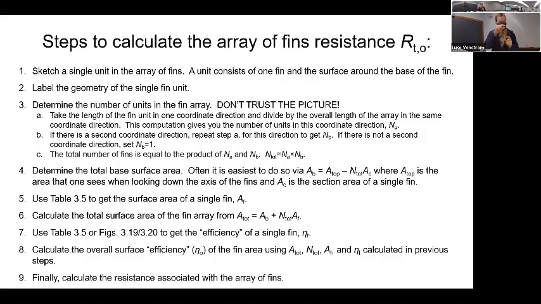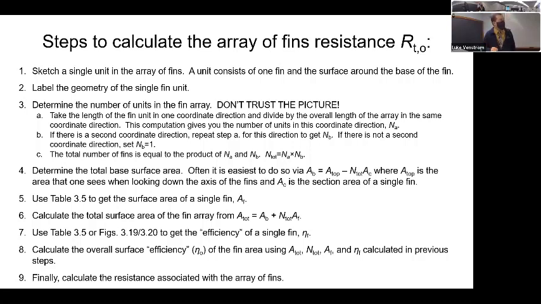So you label whatever geometry is associated with the fin. It could be a diameter, it could be a side length, and the whole unit is going to have some length on its side. Right? And a lot of times the length of the whole unit is going to be given by what's called the pitch of the heatsink. The pitch is the spacing between the fins plus the fin, right? It's how many fins we have per unit length. Okay.